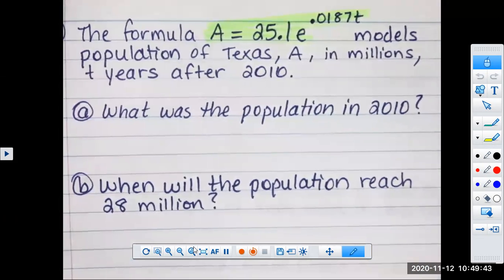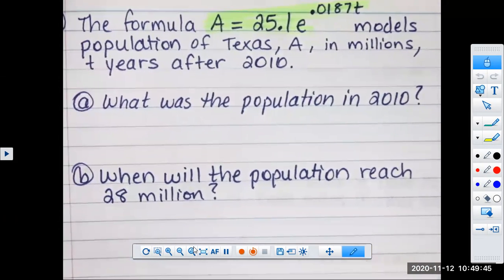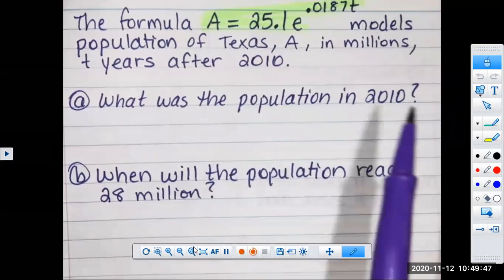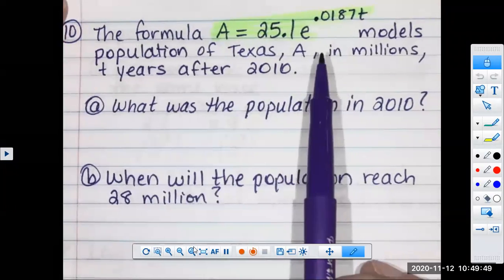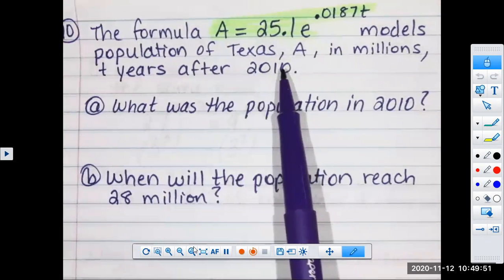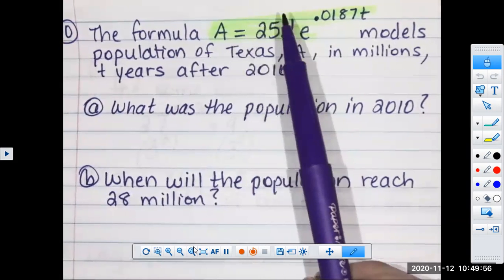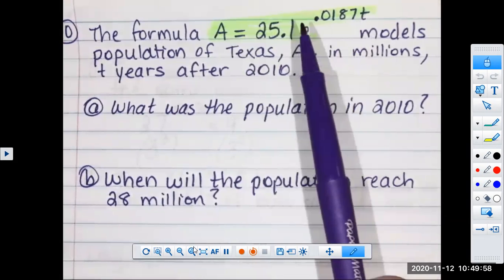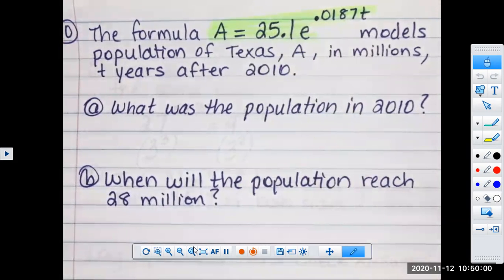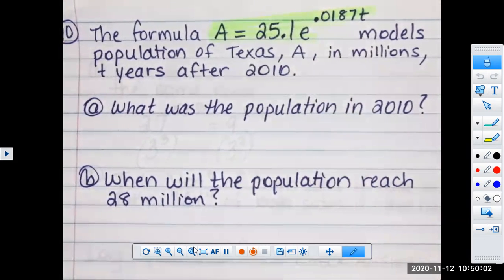In part A, they ask you what was the population in 2010. So if this is your formula, modeling it after 2010, what is your initial population from this formula? Because it gives it to you.